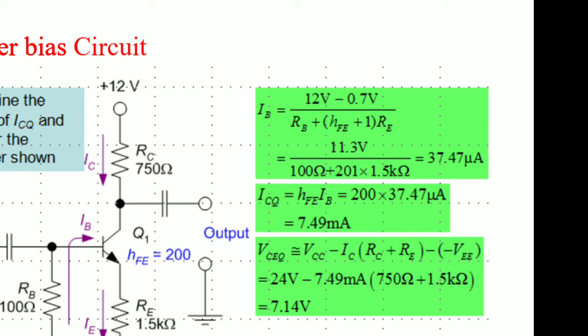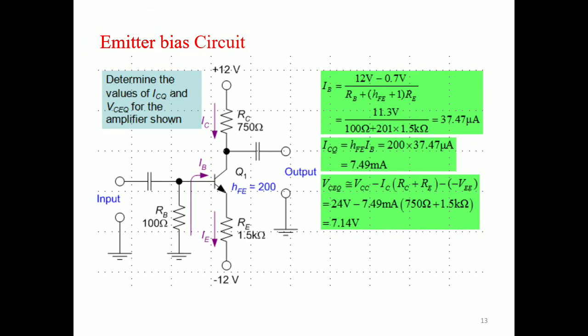So you get 37 microamps. ICQ, the collector current at the operating point, is equal to HFE into IB, here 7.49 milliamps. And VCEQ at the operating point is equal to VCC minus IC into RC plus RE, minus VEE, so we have 7.14. By direct substitution, if you understand this, this is the emitter bias circuit.